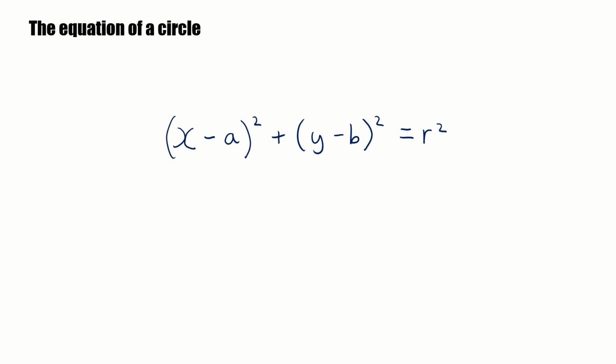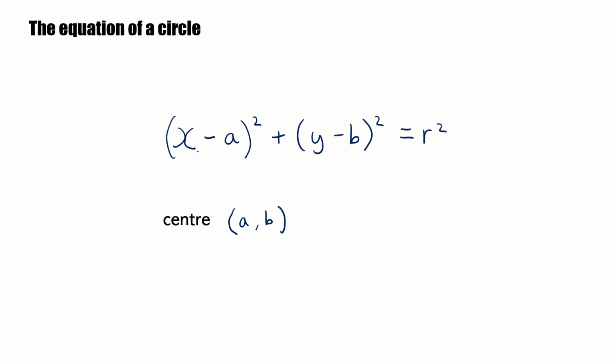A, b, and r are just placeholder letters to represent things that would normally be numbers that then define certain aspects of the circle. For instance, the center of the circle, which is just going to be the coordinates a, b. The x coordinate of the center is a, the y coordinate of the center is b.